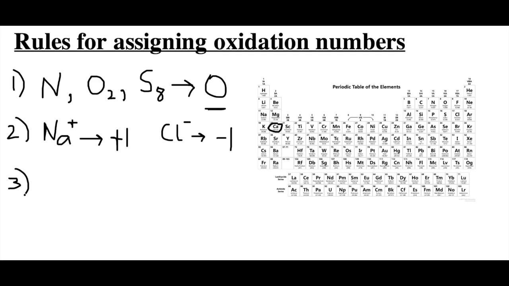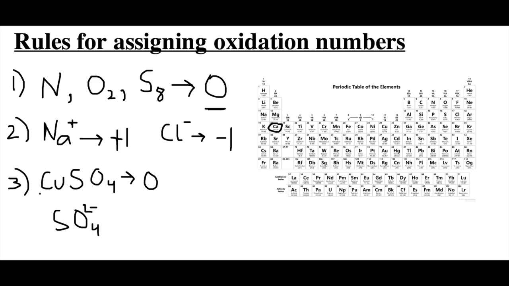For rule number 3, we will use two examples. We will use a neutral compound and a polyatomic ion. This rule states that for all the elements present in a neutral compound, the sum of their oxidation numbers is equal to 0.